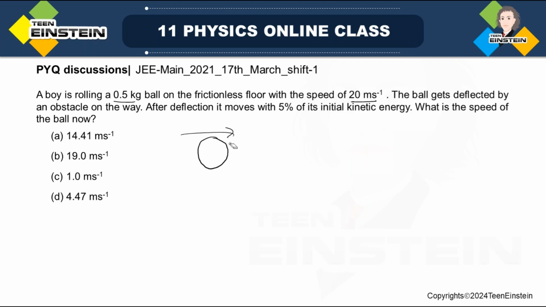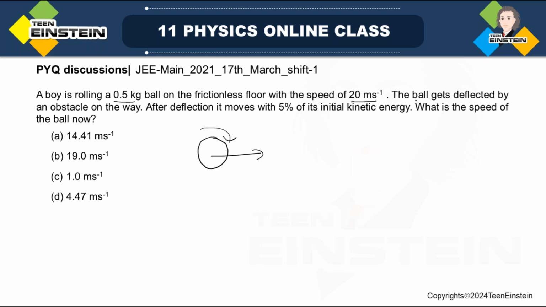Whenever we see this kind of problem, rolling means I can consider two things: one is it is rotating, another one is it is moving. So there should be two kinetic energies, rotational kinetic energy and translational kinetic energy. Okay, so this thing I can think of.